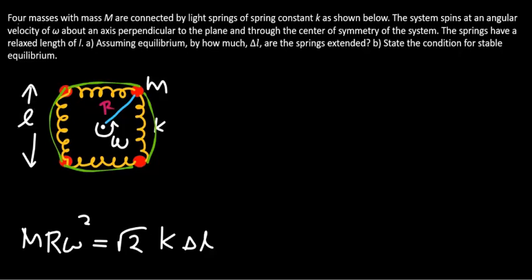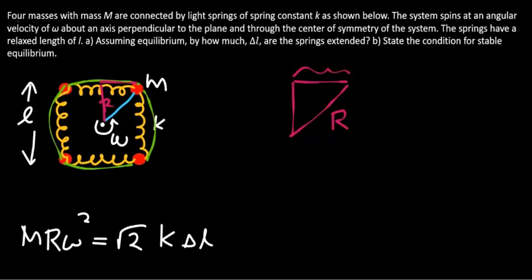So basically what you have here is a right angle triangle like that. So this is R. This length here equals half of that length. So the entire length equals the original relaxed length plus the extension, delta L. So half of that should be (L plus delta L) over 2.